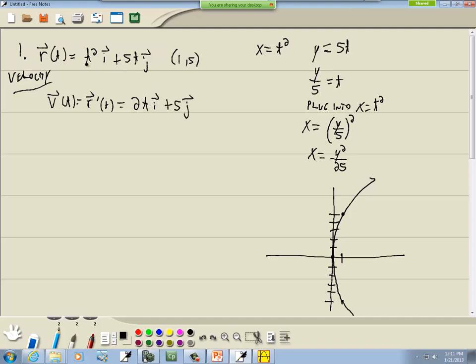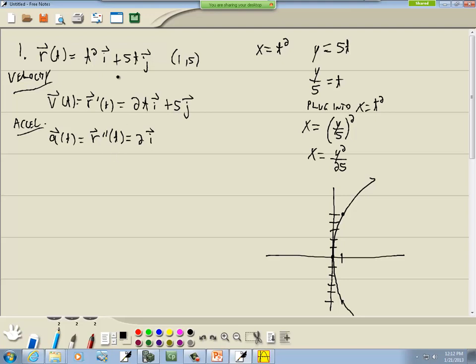So we're just taking the derivative of each component function. Now our acceleration, a of t, is going to equal the second derivative. So we'll just take the derivative of what we just found. The derivative of 2t is 2, so we've got 2i, and 5 is a number, so it drops away.